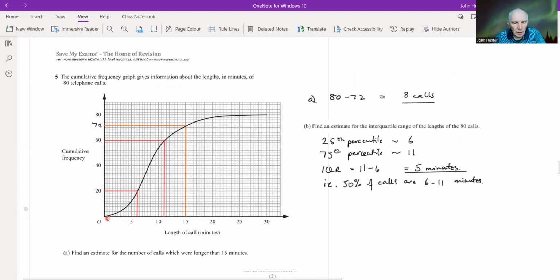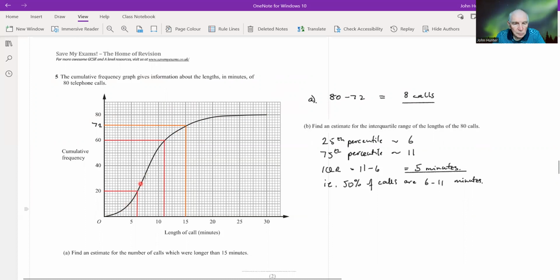Okay, so we don't know how this has been built up, what class intervals we've got our data from, but we've taken that information and plotted it on here, and then we've drawn it with a bit of a curve, because quite often you might see these as a series of straight lines, a bit easier to draw.